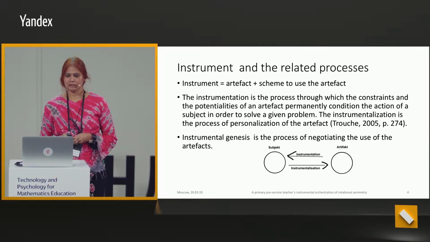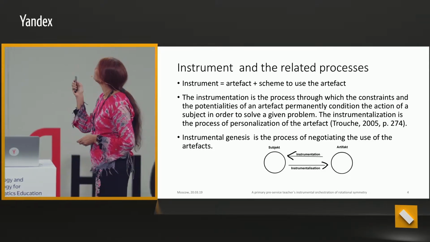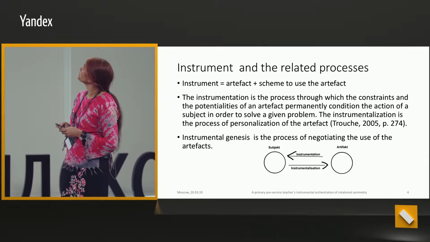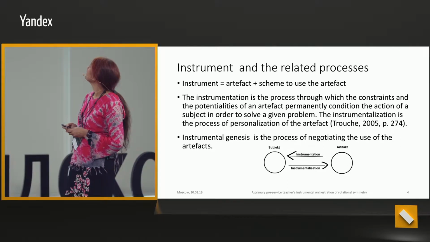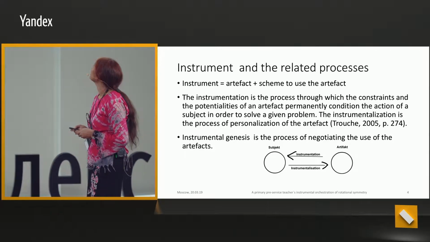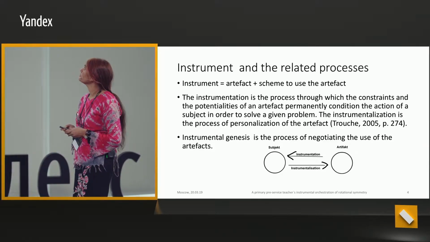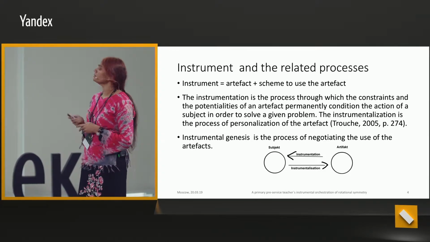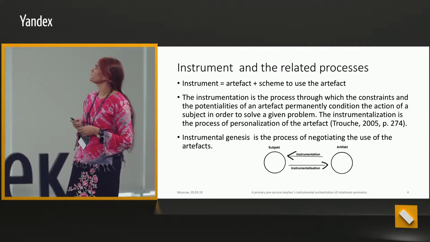Instrumentation is the process through which the constraints and the potentialities of an artifact permanently condition the action of the subject in order to solve a given problem. This is the definition provided by Trouche, a French mathematics educator.